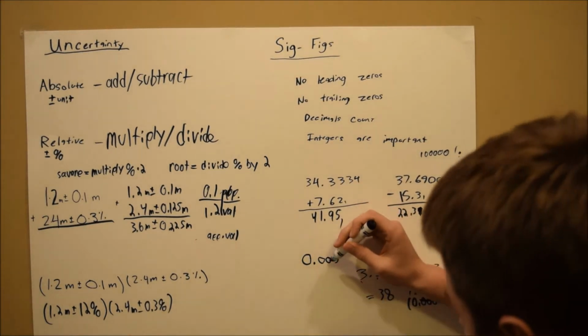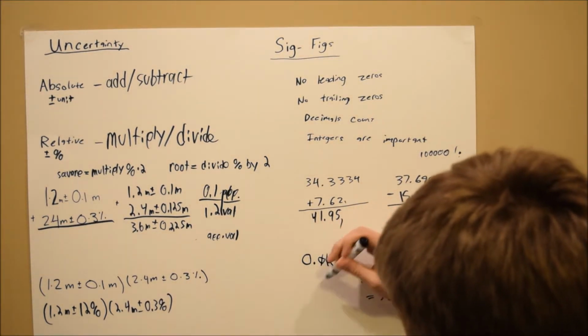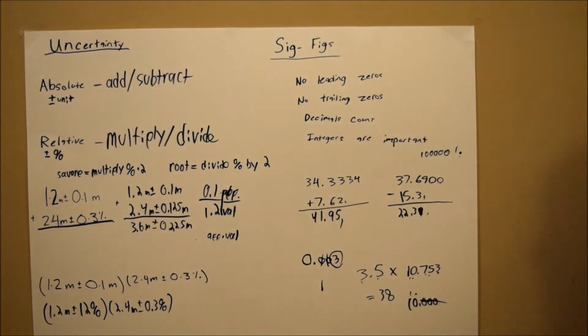So the only important figure is the 3 right there, so that would be 1 sig fig. Now, there's also trailing zeros, which are also not important, such as 10,000 or 10.00 right here. It's only 2 sig figs, because after the decimal, the trailing zeros do not count. And because the decimal is there, the 0 is significant, so it's got 2 sig figs.